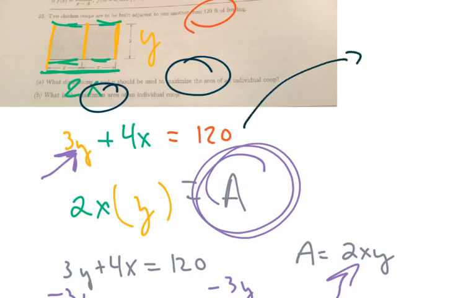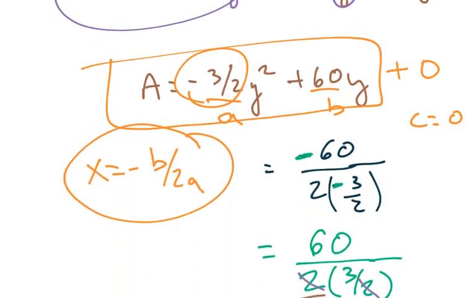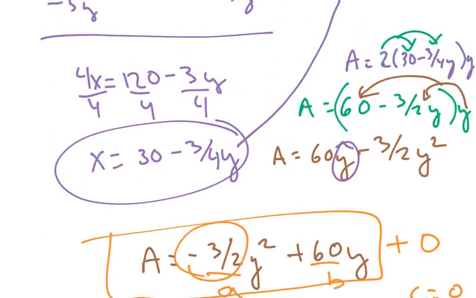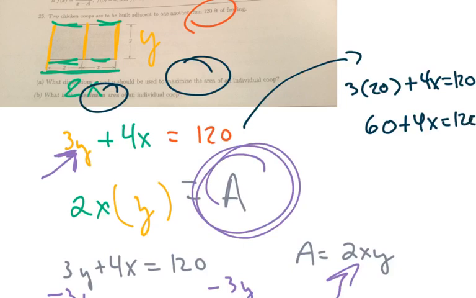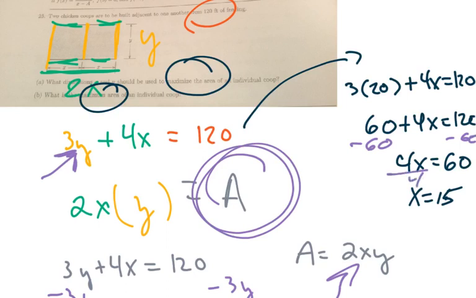So we'll do the math here. This gives me 3 times the y value, which is 20. 3 times 20 plus 4x equals 120. So 60 plus 4x equals 120. 4x equals 60, and x is 15. I subtracted 60 from both sides and then divided by 4, and I got 15.